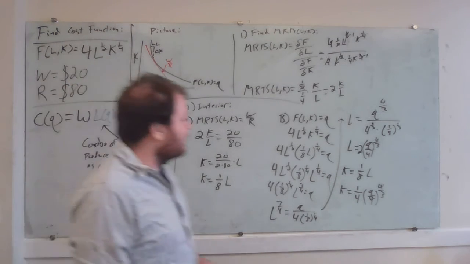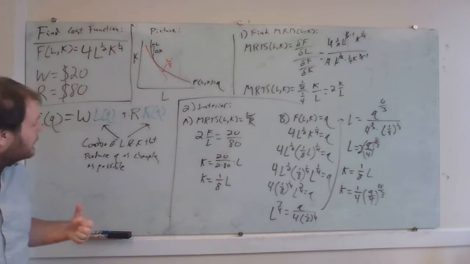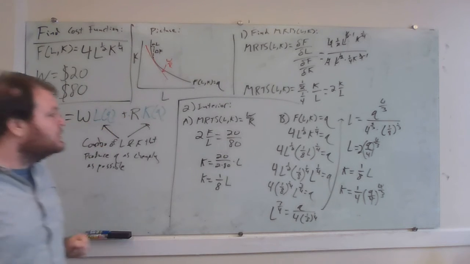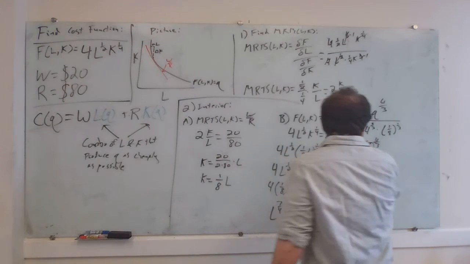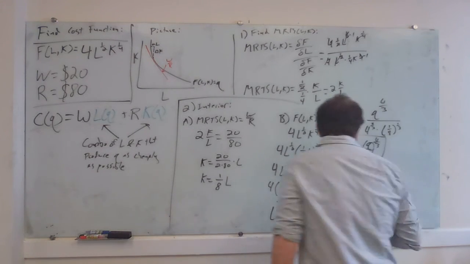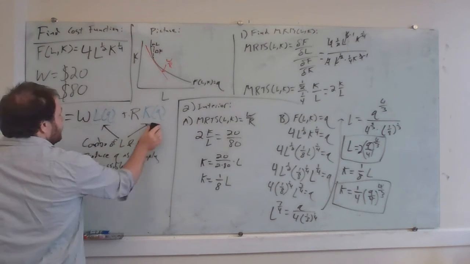So what do I do from this, right? This is very close to my answer, but I haven't quite gotten to what I'm looking for. What I'm looking for is the cost of producing Q units of output. So all that's left is to take these two expressions here, L as a function of Q and K as a function of Q, and plug them back into our cost function. Right?